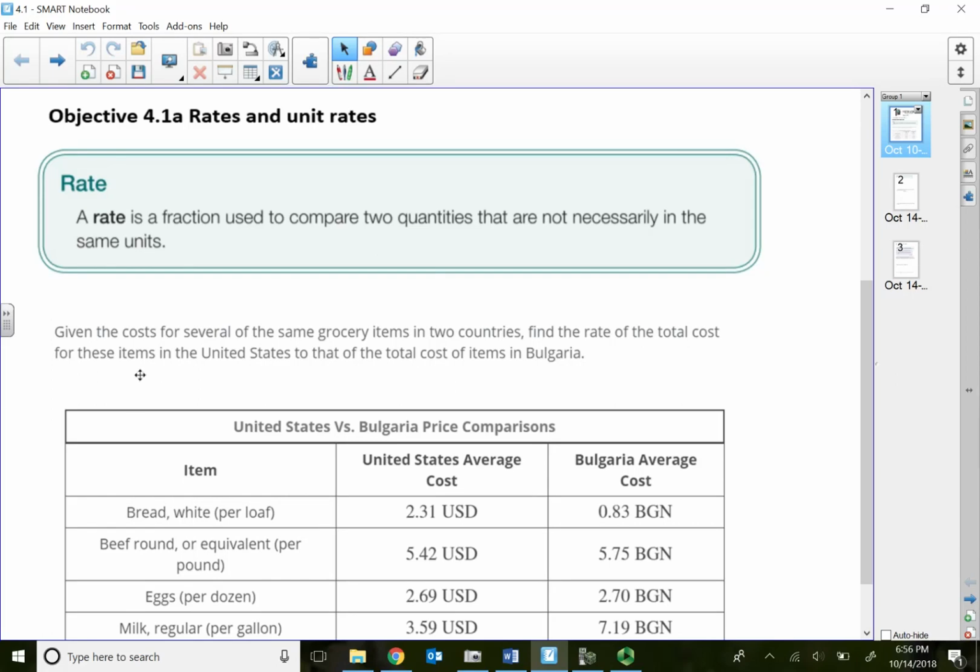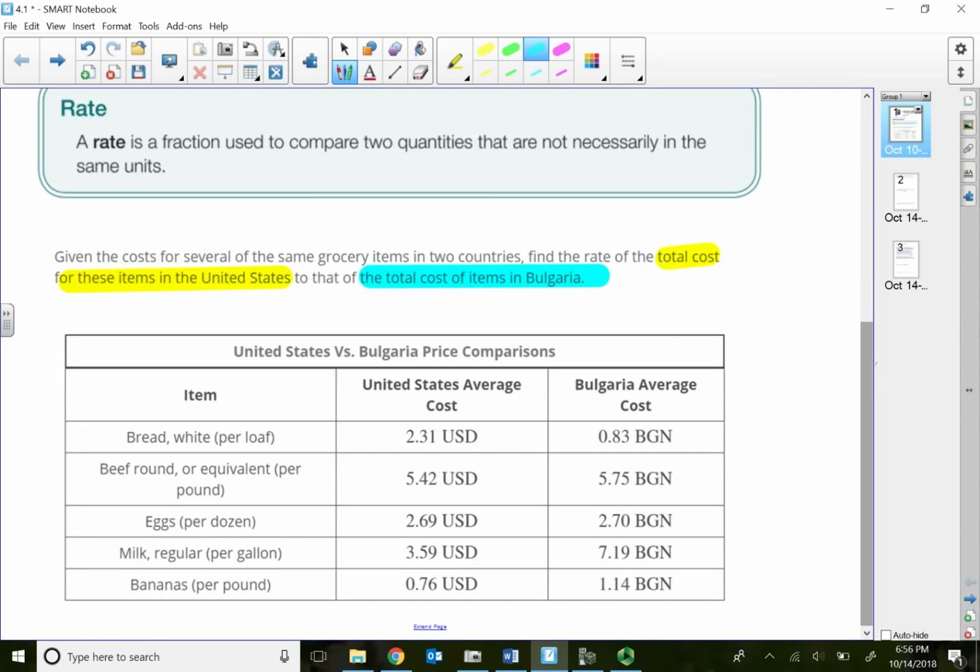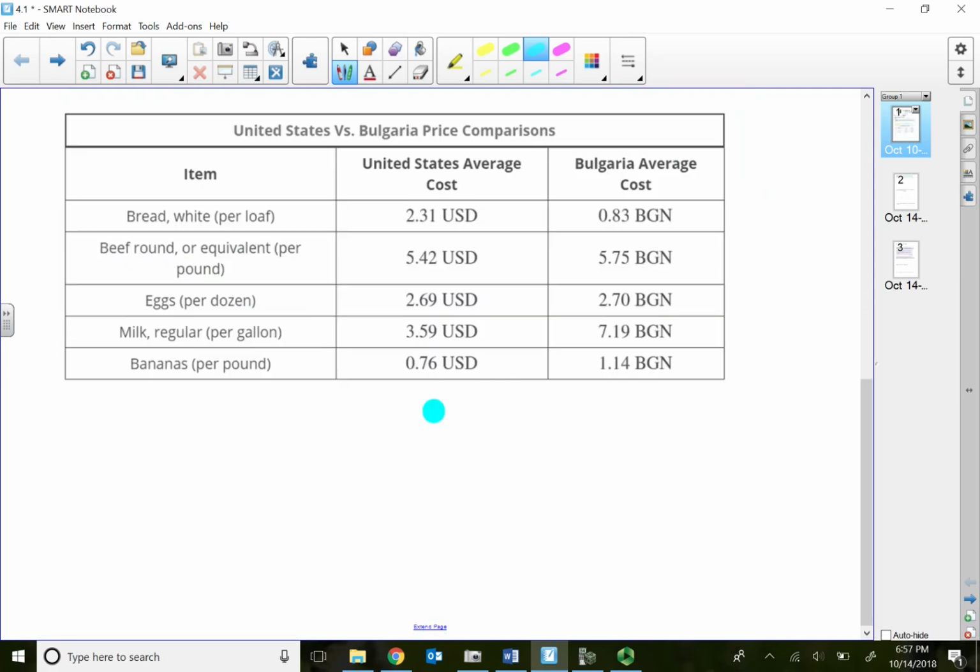Given the cost for several of the same grocery item in two countries, find the rate of the total cost for these items in the United States as compared to the total cost of those same items in Bulgaria.